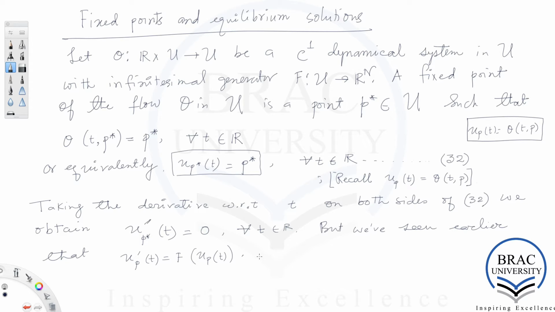So therefore, in the case of a fixed point, one has UP star prime of T is equal to F of UP star of T, right?